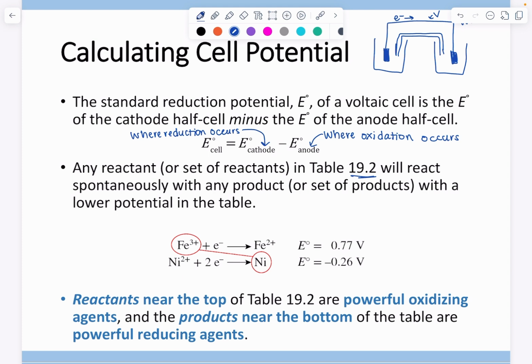Reactants near the top that have more positive standard reduction potentials have a higher potential to get reduced. Reactants near the top are powerful oxidizing agents. They will easily be reduced and oxidize something else. Products near the bottom are powerful reducing agents. They will easily be oxidized and cause something else to be reduced.